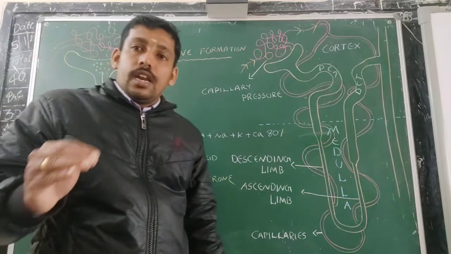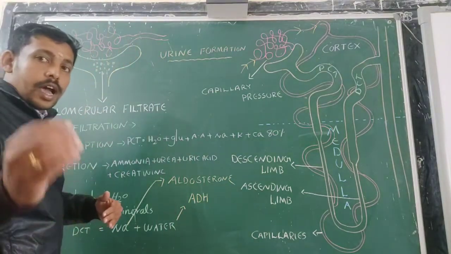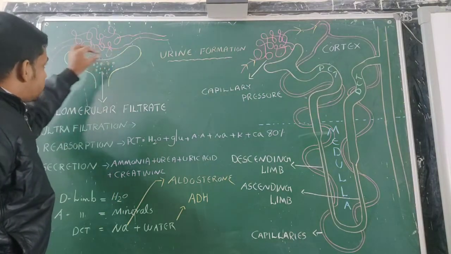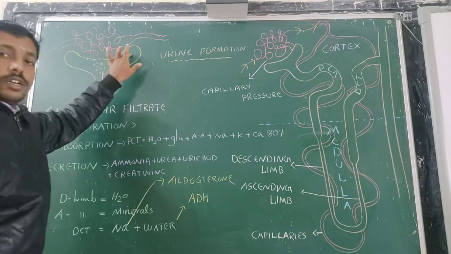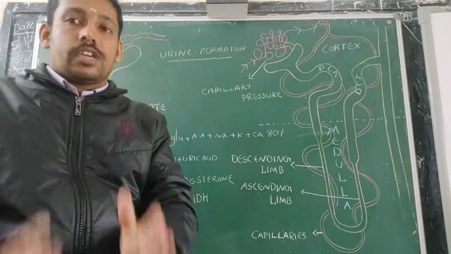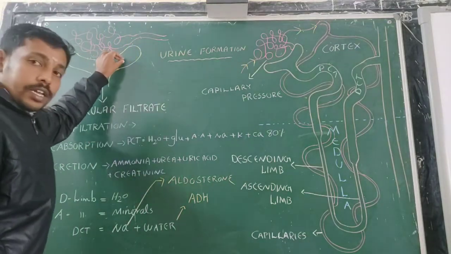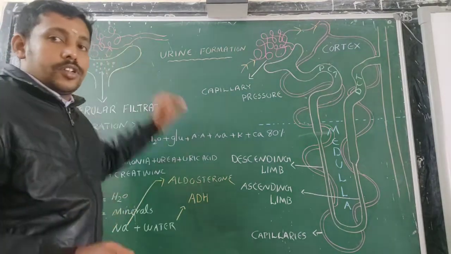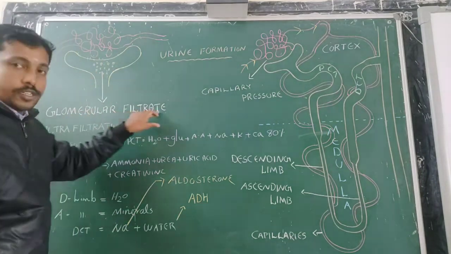Nearly most of the liquid components of the blood may be filtered, and this filtrate will be collected in the cup-shaped process known as the Bowman's capsule. What we get after this ultrafiltration is known as the glomerular filtrate.